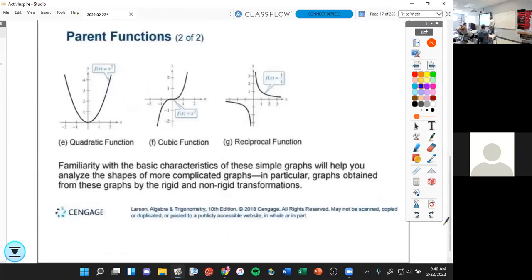Okay. There's your quadratic function, your cubic function, and your reciprocal function. So know the basic shapes. We can manipulate those. We can translate them. We can do all kinds of movement. And the parent figure, if you will, is still there.